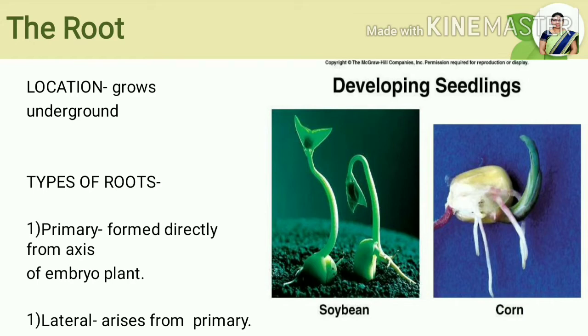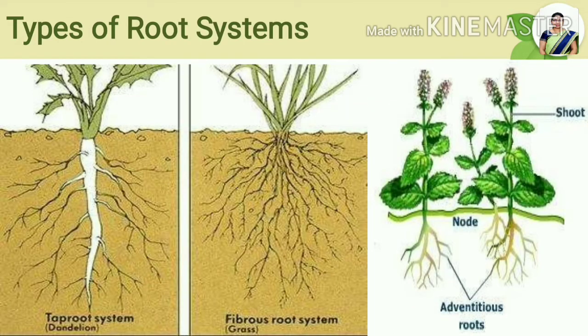Root grows underground and basically there are two types of root, primary and lateral root. Primary root is formed directly from the axis of the embryo plant, lateral arises from the primary root. Basically taproot, fibrous root or adventitious root.